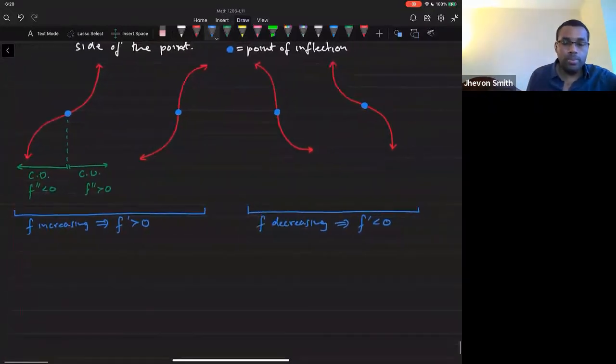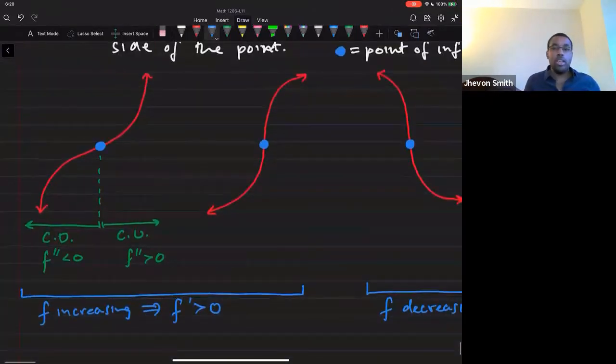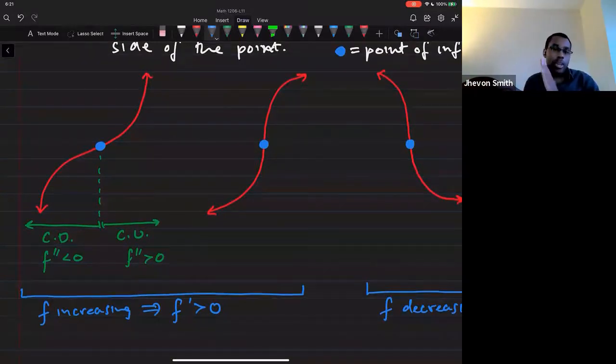So increasing, moving up from left to right, means your first derivative is positive, and decreasing, moving down as you go from left to right, means your first derivative is negative. However, your second derivative tells a different story. Your second derivative can switch values during this time, and it really tells you about shape. So if your second derivative is positive, concave up like a cup, shaped like a smiley face. Second derivative is negative, concave down like a frown, shaped like a frowny face.